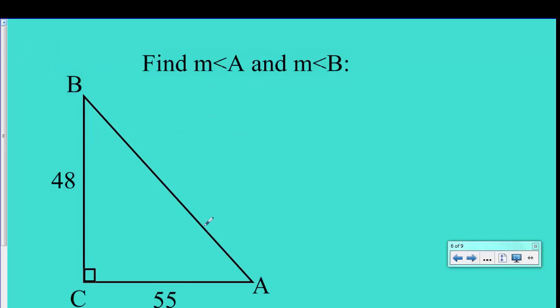Find the measure of angle A and B. For this example, I'm going to start with angle A. I only need to use a trig ratio once. The other angle I can find by subtracting from 180 degrees. We'll look at the ratio, opposite over adjacent.